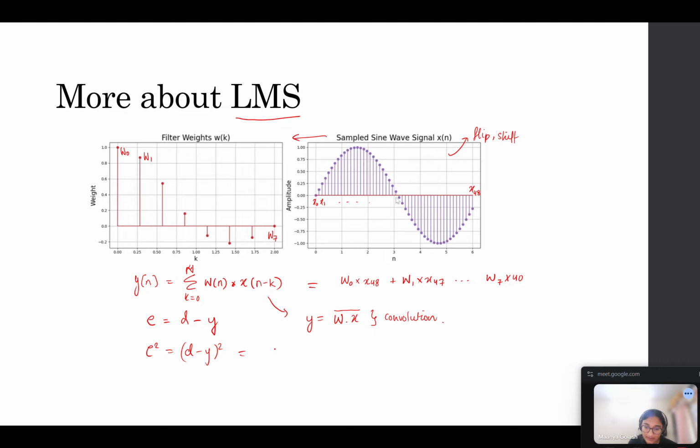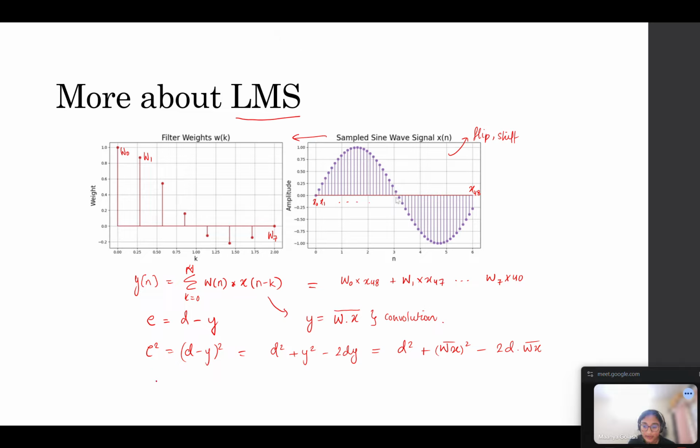So here we have the error square as d square plus y square minus 2dy, which is d square plus wx square minus 2dwx. Now the goal, as we spoke about earlier, is to minimize the total error. So to minimize the total error, we calculate the gradient or the derivative.